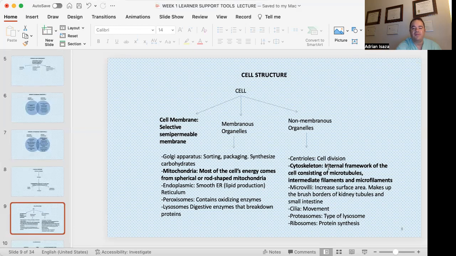I also bolded the cytoskeleton, right? Internal framework of the cell consisting of microtubules, intermediate filaments, and microfilaments. So the cell has movement, right? And that's known as cytoskeleton. Our intestines have brush borders propelling food, right?